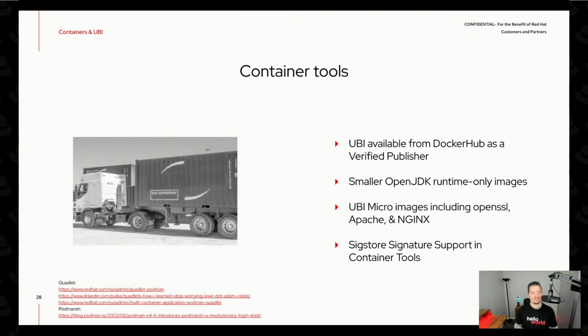And I believe we announced this last release, but it bears repeating that Podman containers and UBI now support Sigstore signature support. So Sigstore signature support in the container tools runtime. That means that you can sign your images before you push them to an OCI compliant registry.